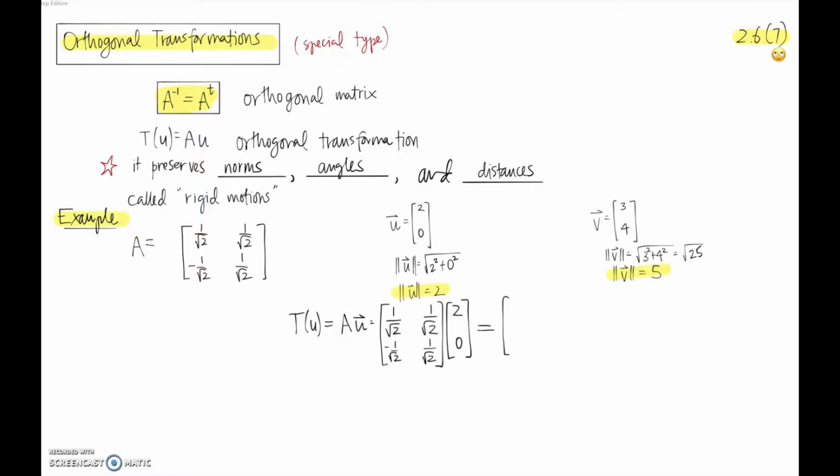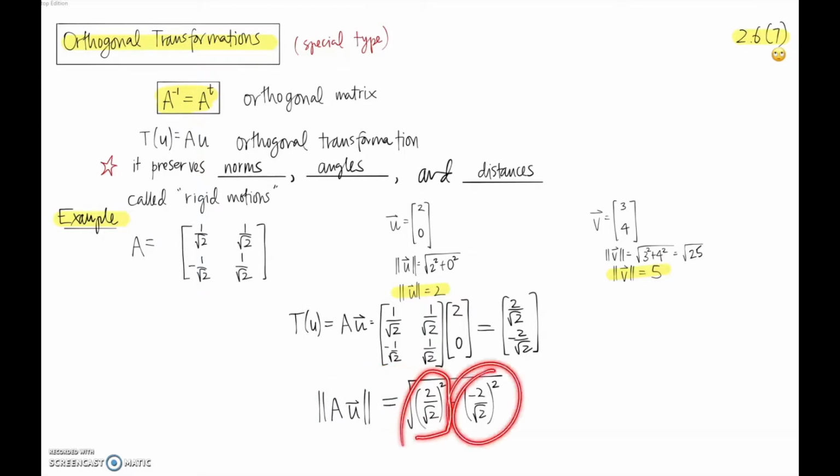When I do this multiplication, I get 2 over the square root of 2 and negative 2 over the square root of 2. This is the transformed vector. So let's find the length of this transformed vector. The norm should be the square root of each of the elements squared and then added together. And when you square this one, it just becomes 4 over 2, which is 2.